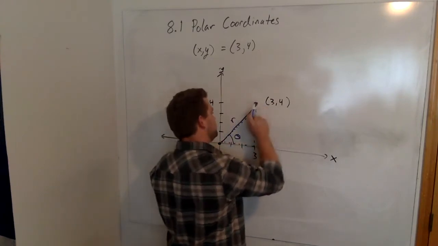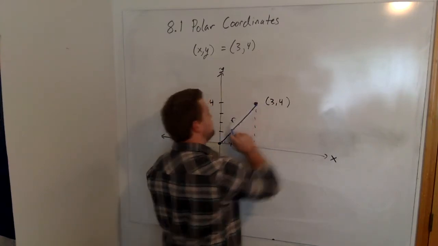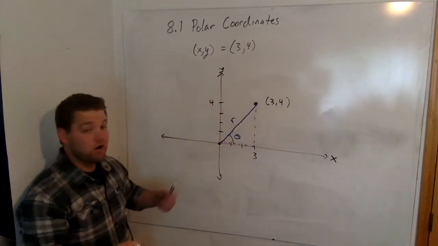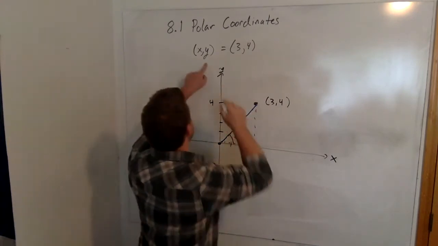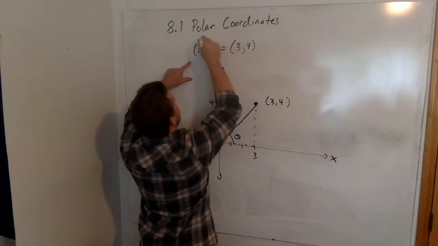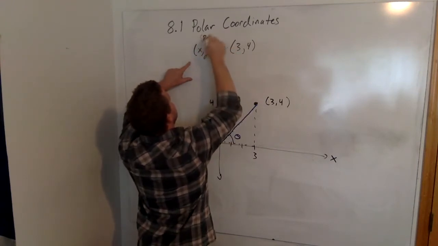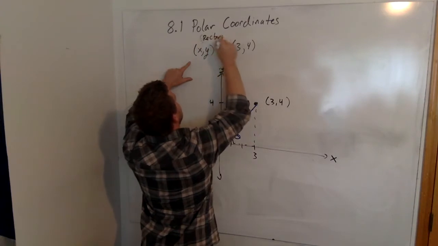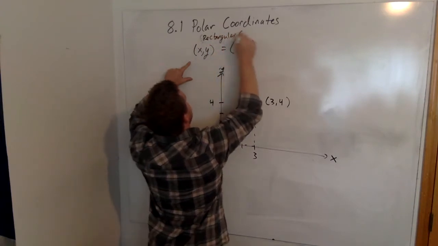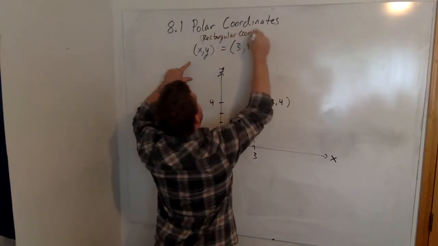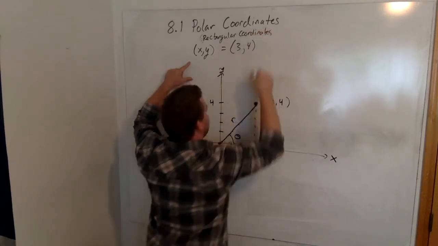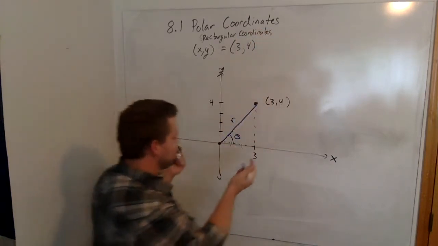So what I've hopefully just introduced to you is a different way to think about how to get to a location. We call these polar coordinates. So right here, this is what we call traditional rectangular coordinates. But we can see there's another way to write this.